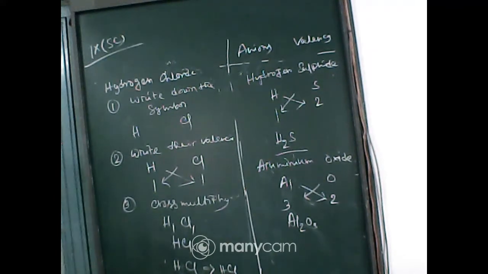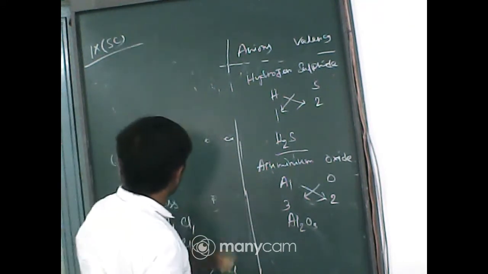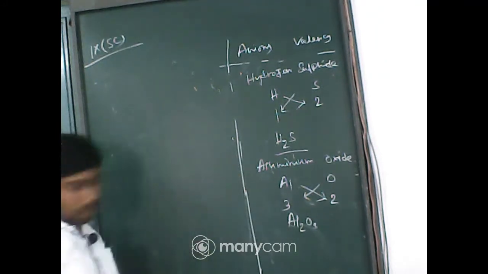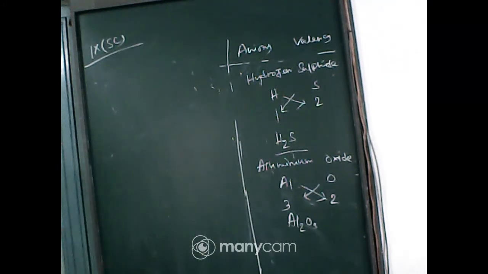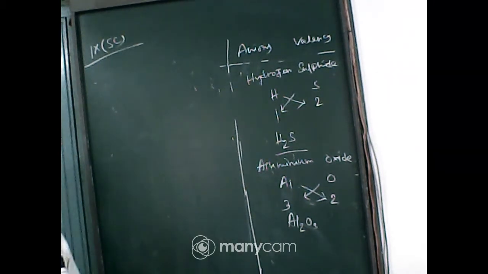Complete this in the right column. Also given here are magnesium chloride and carbon tetrachloride. Why tetra? Because here 4 chlorine atoms are there. For this reason it is tetra.